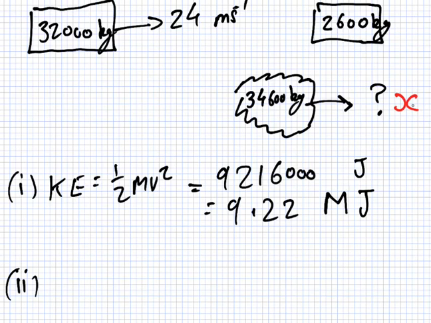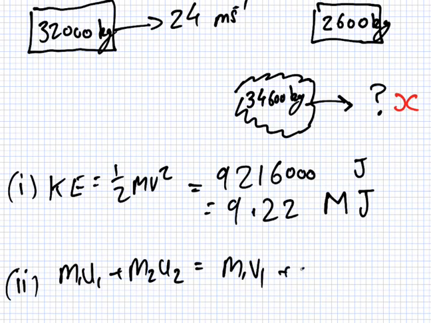Momentum. Conservation of momentum. The momentum before the collision equals the momentum after. So the momentum before the collision, that's m1u1 plus m2u2 equals m1v1 plus m2v2.